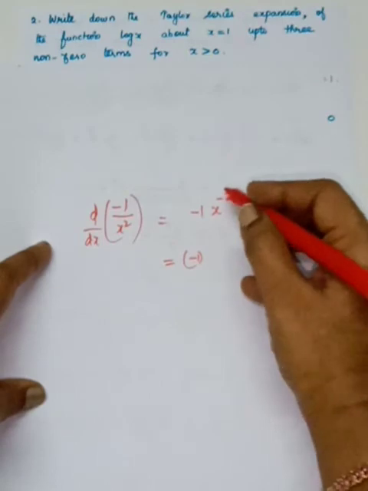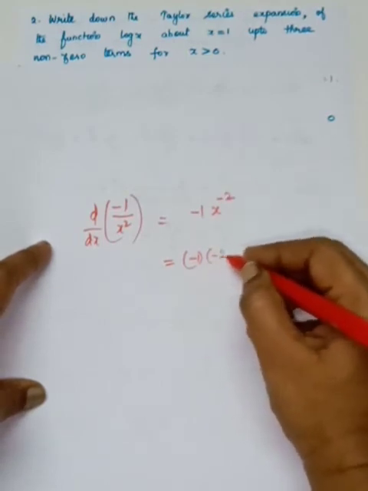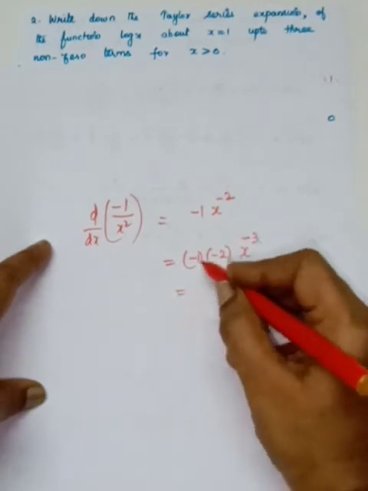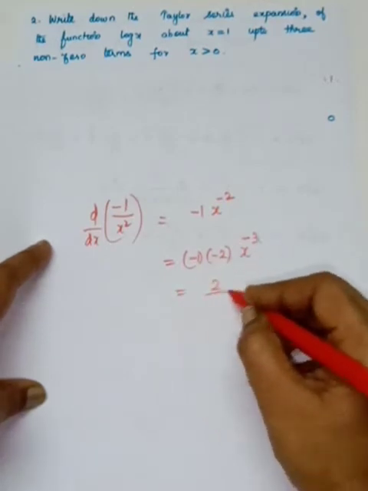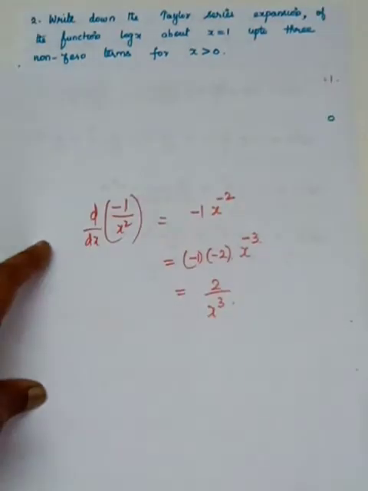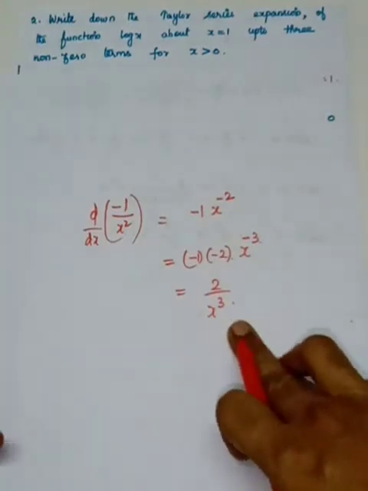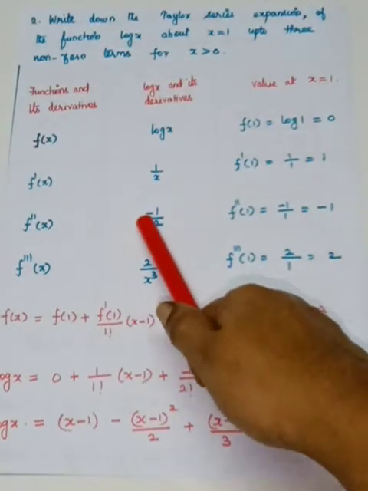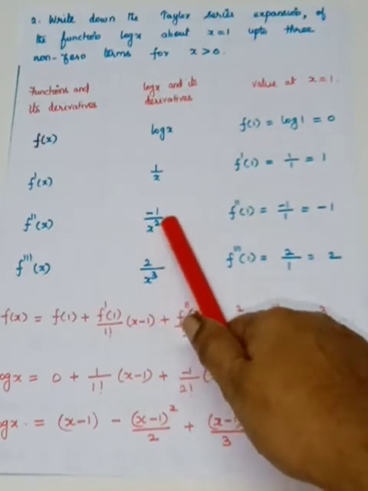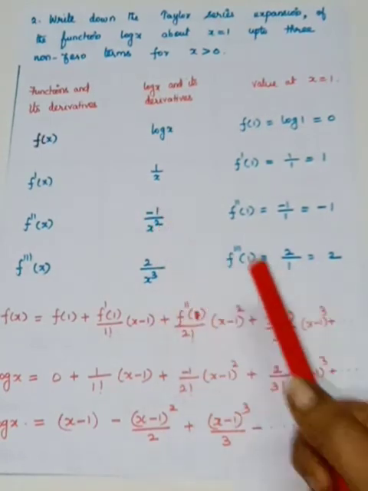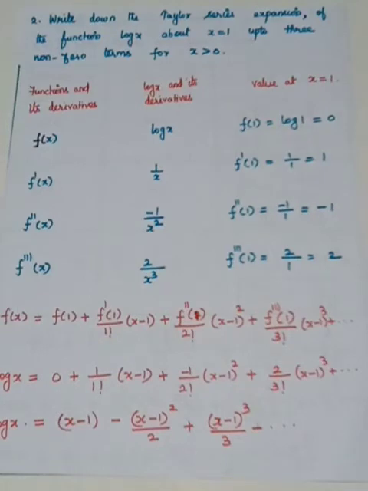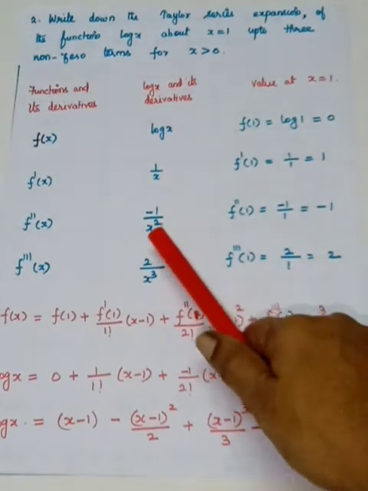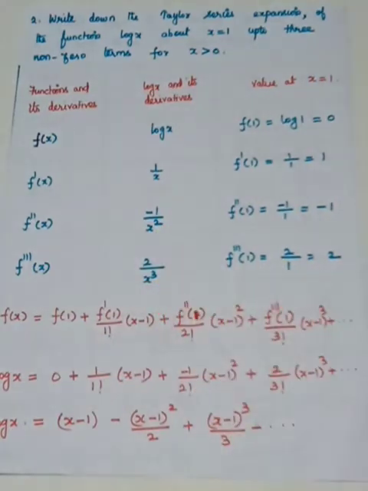You have to apply the power rule, x power n, that is minus 2 into x power minus 3. So it is minus 1 into minus 2 is 2 divided by x cube. Okay, so in this way only you have to do. So in the shortcut, you have to change a sign, and the new denominator power has to be multiplied with the numerator number. So 1 into 2 is 2, and you have to raise the denominator power by 1. So x squared will become x cube.